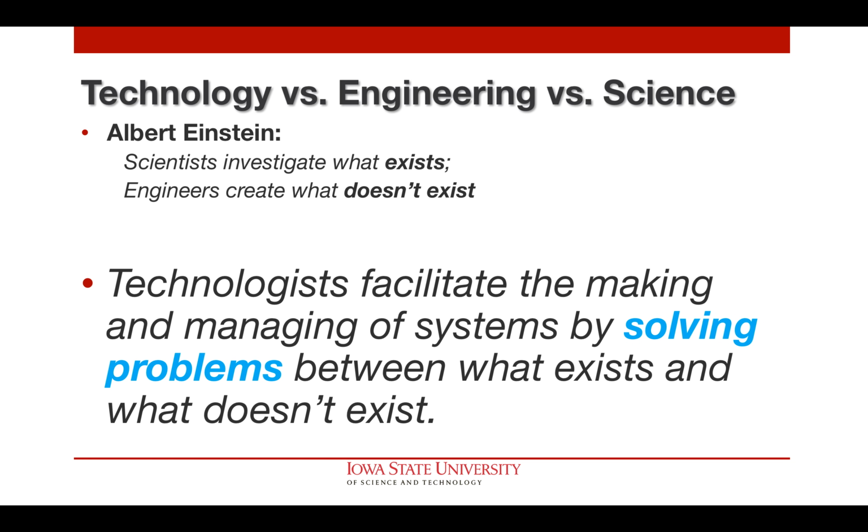So they play that intermediate role between science and engineering, which means they need to have a grasp on science, a grasp on engineering, be able to talk the talk, understand the languages, the theories and the concepts, and really help bridge that gap. And a lot of times this comes into play in managing systems.